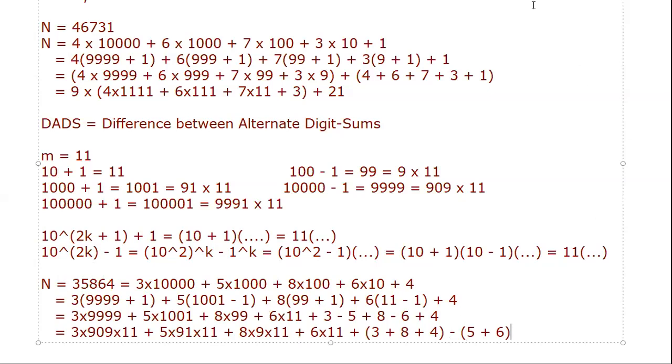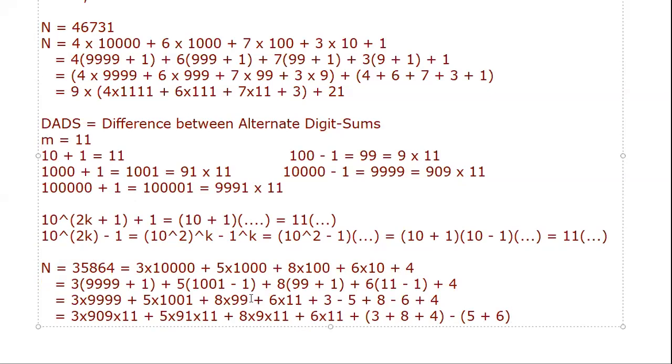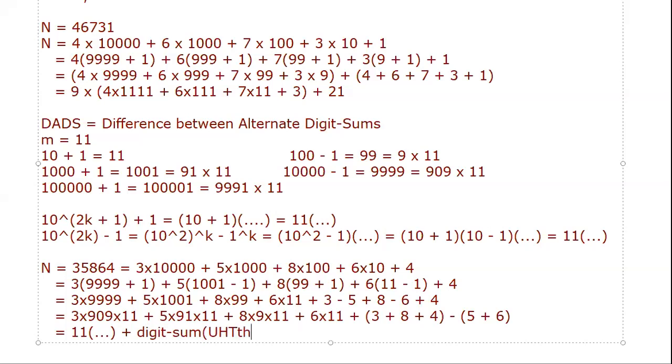So this together gives us 11 times something plus the digit sum of units, hundreds, 10,000, minus the digit sum of tens, thousands.